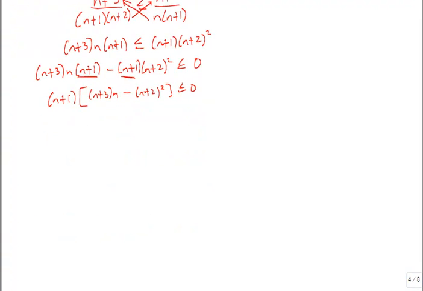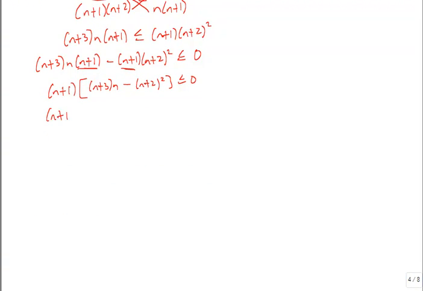And let's go ahead and FOIL that out. So I'll get an n squared plus a 3n. When I FOIL this out, I'm going to get an n squared, which will become minus from this minus. In the middle, I'll get a 4n, which will become minus because of this subtraction. And I'll get a plus 4, which becomes minus because of the subtraction.